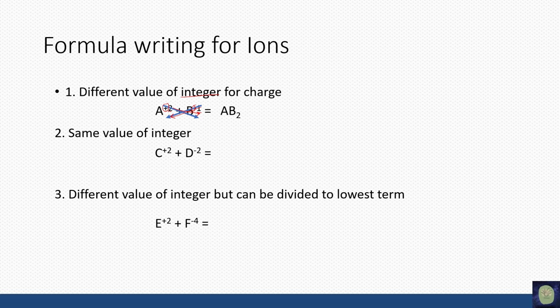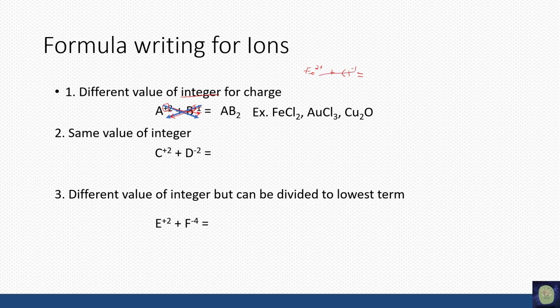So that's our formula. So for example, let's say Fe, or the iron, we have 2 positive plus a chloride negative. If we crisscross this, right?